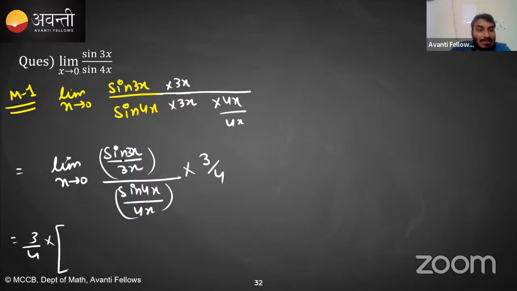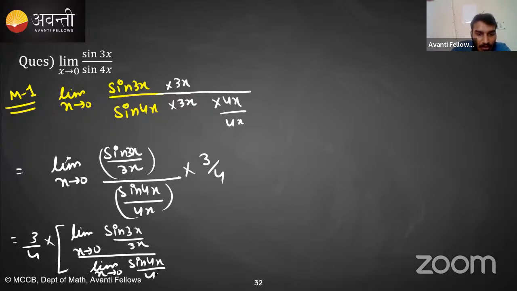Now we can separate the limits, right? Because the limit as x tends to 0 of sine 4x upon 4x is not 0. So this can be written as 3 by 4 into the limit of sine 3x upon 3x divided by the limit of sine 4x upon 4x.